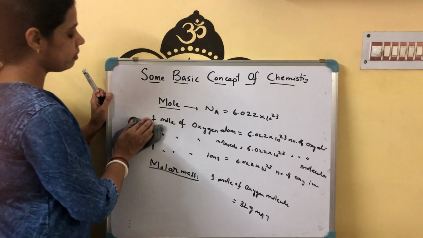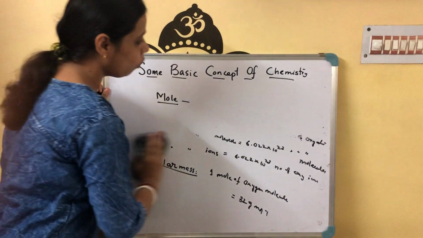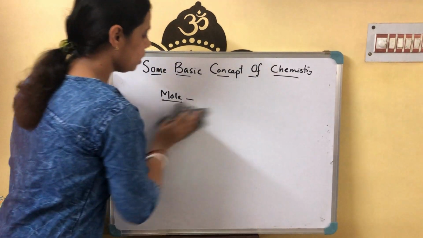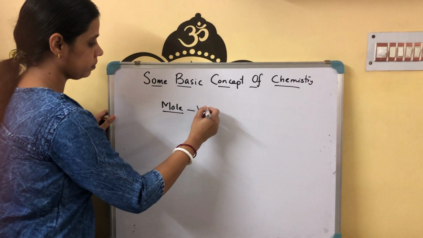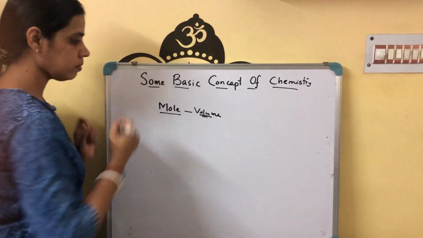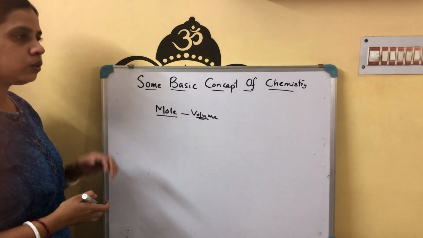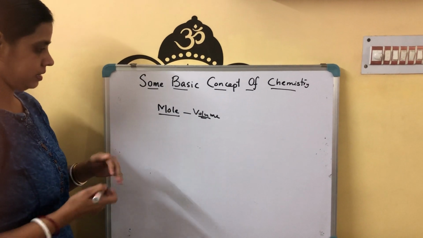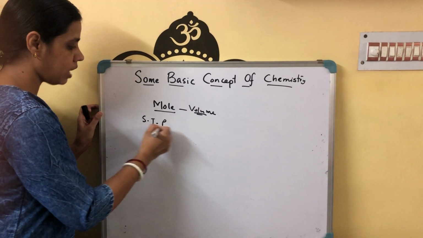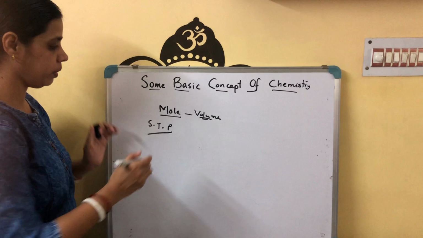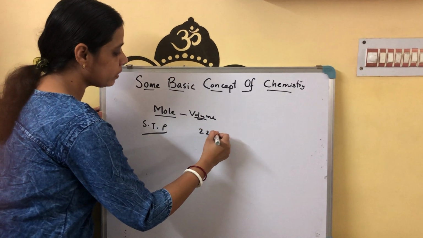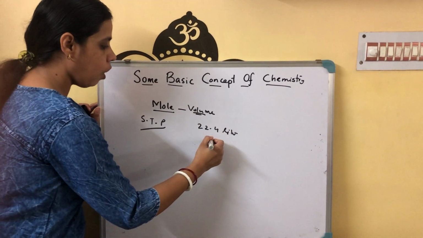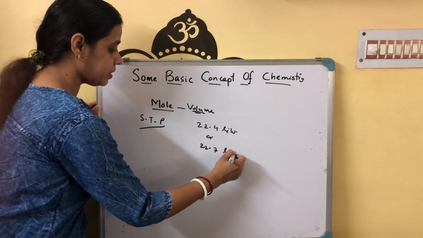Next I explain the relation between mole and volume. 1 mole of any gas at STP has a volume of either 22.4 liter or 22.7 liter.